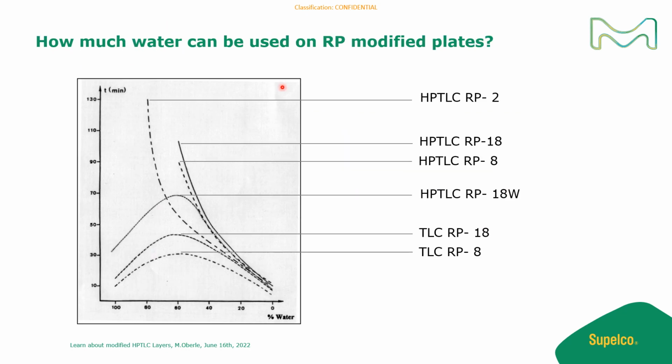On the normal layer, the high amount of water in the solvent mixture increases the migration time dramatically, so that the separation is stopped, and so the diffusion increases and the separation quality decreases in this case. On an RP18W phase, this is not the case, and you can therefore use it for solvents with high amounts of water, up to 100%.